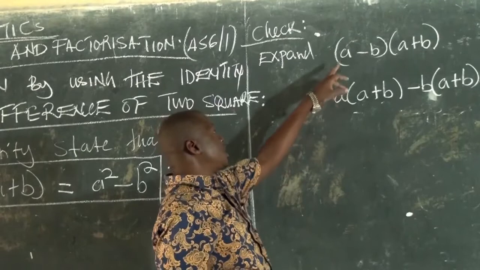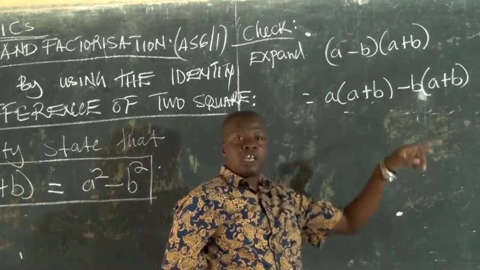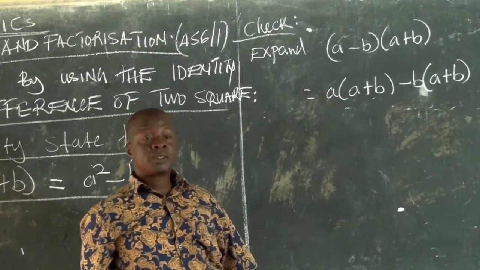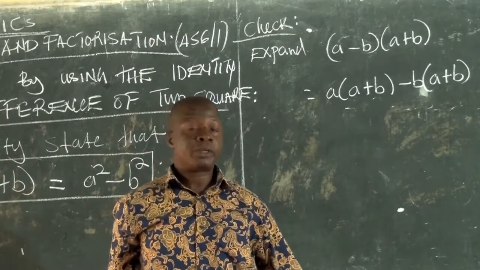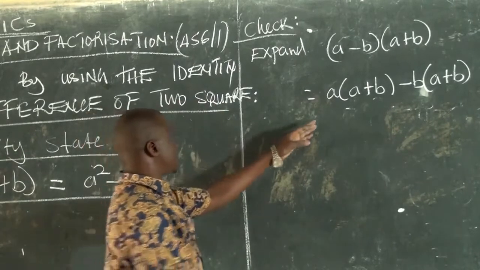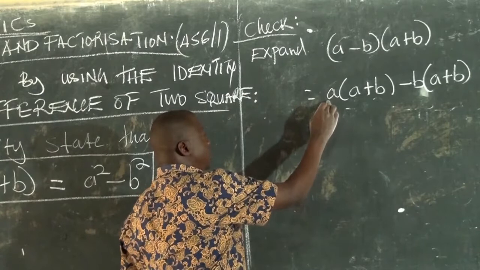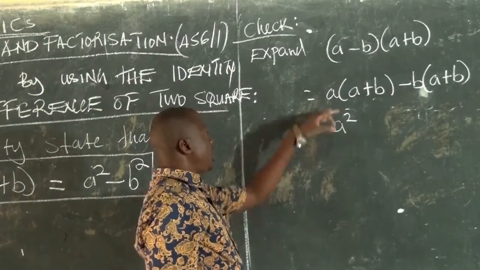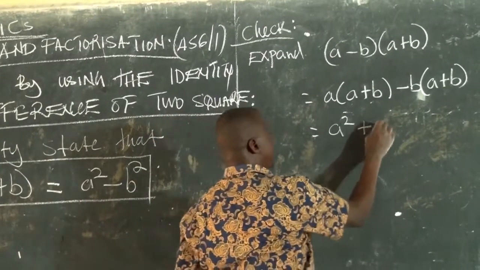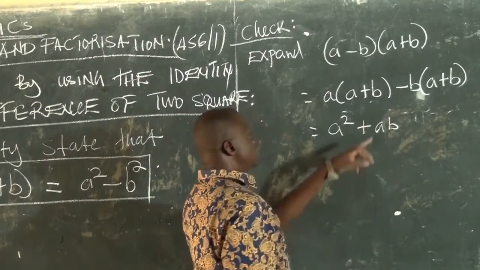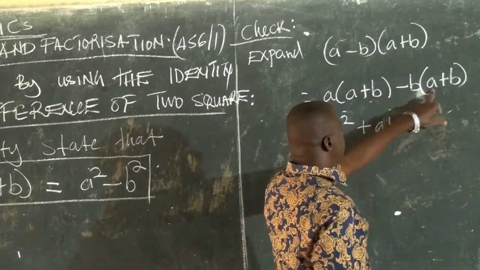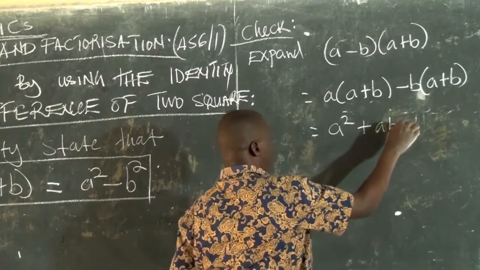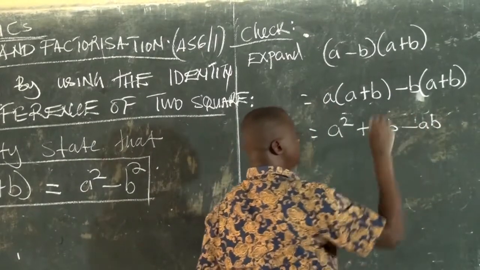Remember, elements in the first bracket affect the elements in the second bracket. For this case, when you multiply a times a, it is a squared. Then a times b, it is ab. Minus b times a, the commutative law, it gives ab.